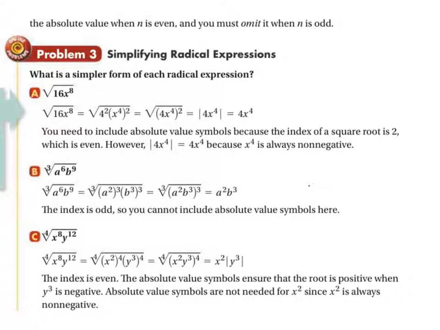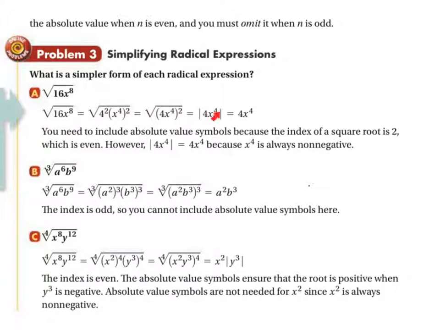We know that for the square root of 16x to the 8th power, the square root of 16 is 4, and the square root of x to the 8th power is x to the 4th power.